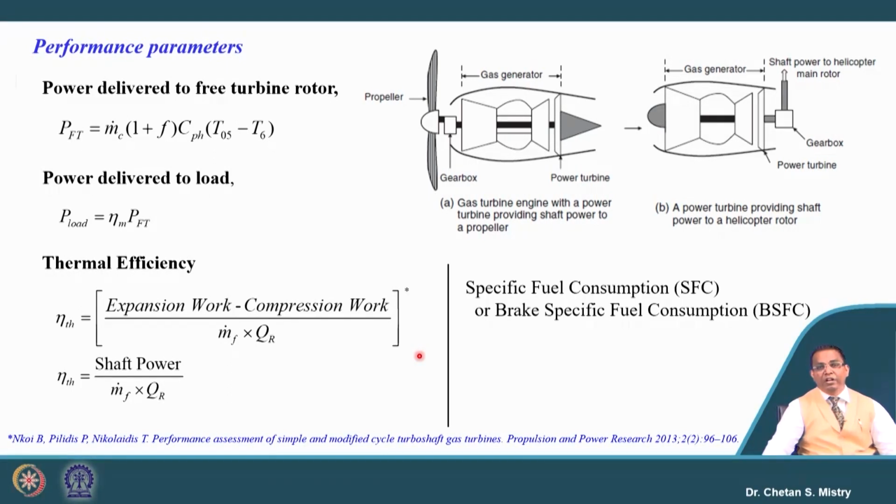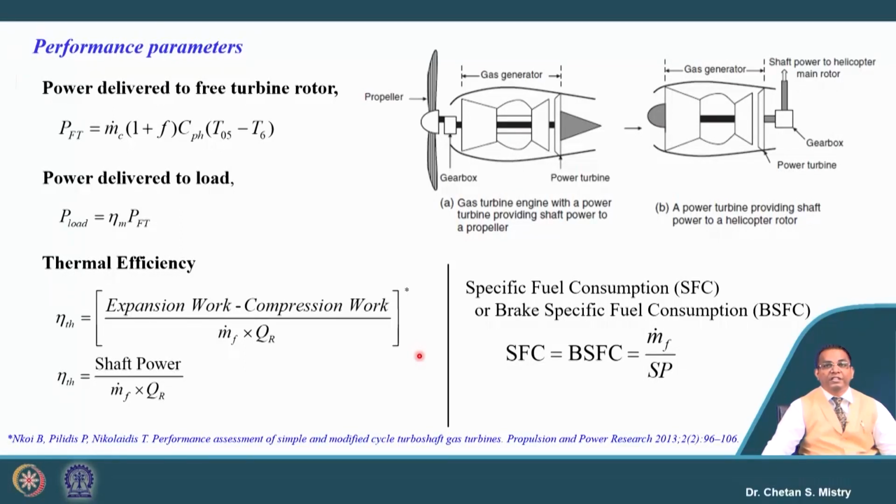The other parameter of our interest is the specific fuel consumption. Since this is with the shaft power, we write it as brake specific fuel consumption. Be careful, this has nothing to do with the thrust, it is mainly with the power, and that's why it is called brake specific fuel consumption.